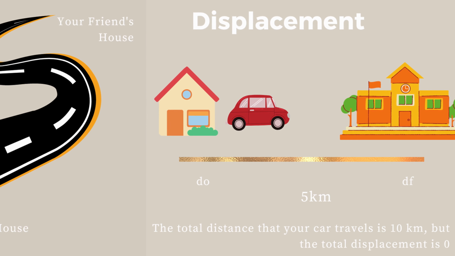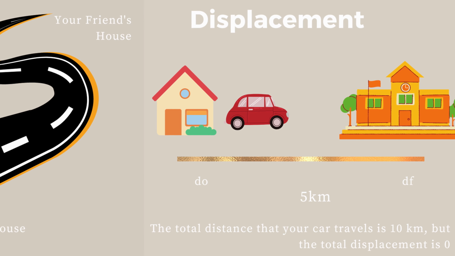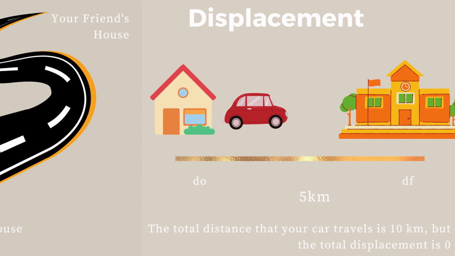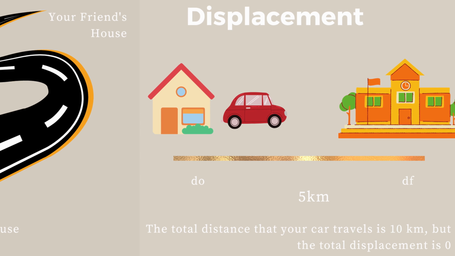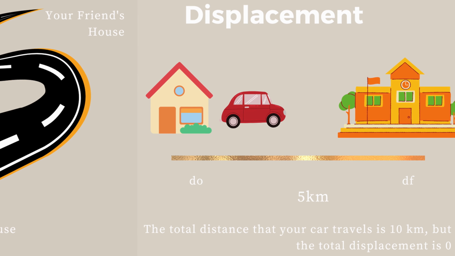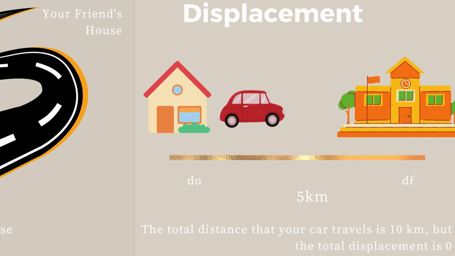The car and your parent will end up in the same starting position in space. The net change in position of an object is its displacement, or delta d. The Greek letter delta means change in. The total distance that your car travels is 10 kilometers, but the total displacement is 0.